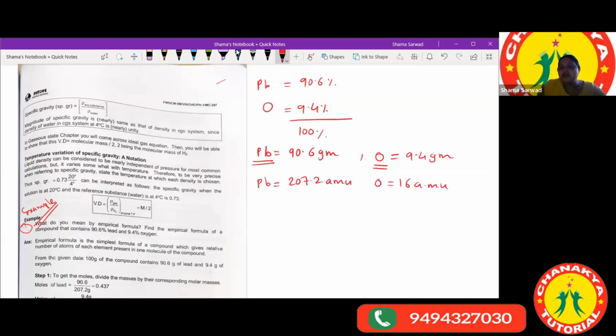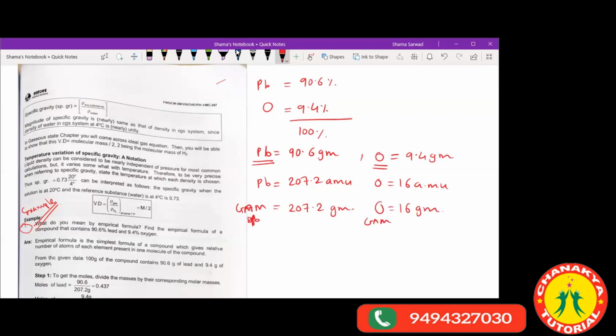If you convert into gram, it becomes the gram atomic mass: for Pb it is 207.2 gram, and for oxygen it is 16 gram.